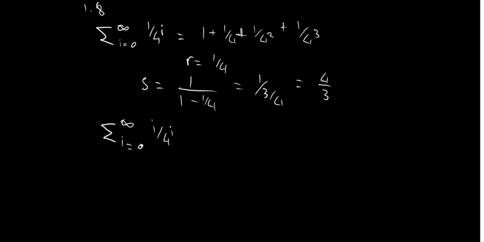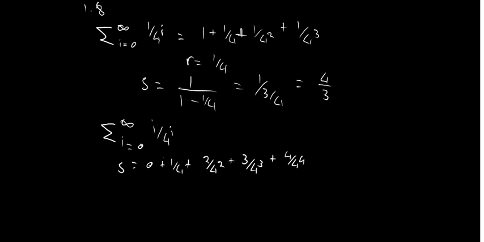Again, we solved a similar question, with a 2 there instead of a 4, but we'll go for it. Our s is going to equal 0 plus 1 over 4 plus 2 over 4 squared plus 3 over 4 to the power 3 plus 4 over 4 to the power 4.